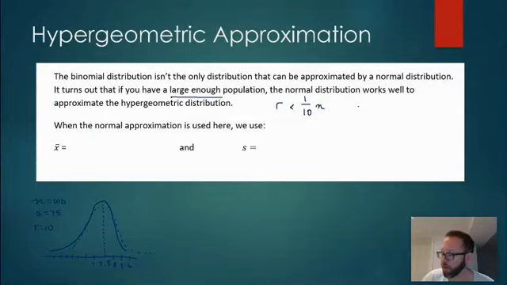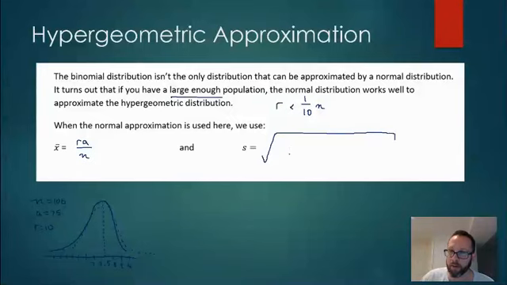If that check holds up, to turn this into a normal distribution problem, we need a mean and standard deviation. Well, we know the mean. The mean is the expected value, which is RA over N. And the standard deviation, you know nothing good is coming when you see a huge square root sign.